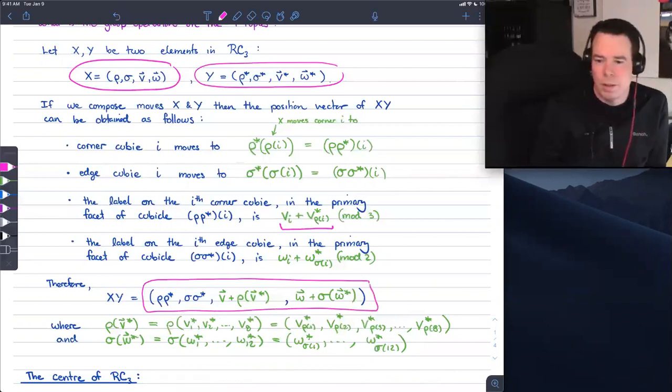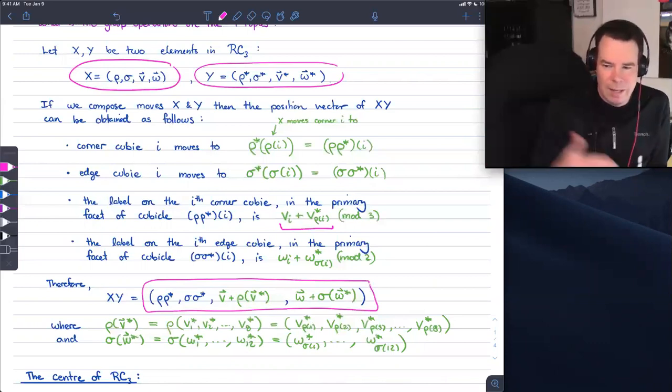It is just the product of the permutations in each of the first 2 components. And then it's this modified sum of the V vector and the V star vector. It's the V vector added to a permuted V star vector. And it's the W vector added to a permuted W star vector. And that gives me my new orientation vectors.